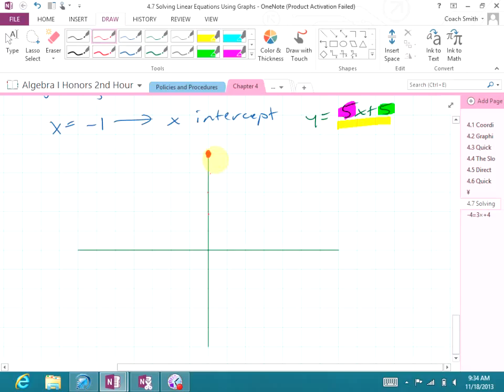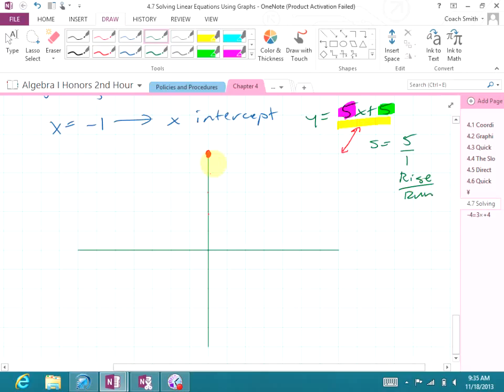Okay, now the line is a positive slope. So that means my slope goes like this. All right, it's a positive slope. So my slope, we said, slope is equal to 5. So that's 5 over 1, which is your rise over your run.